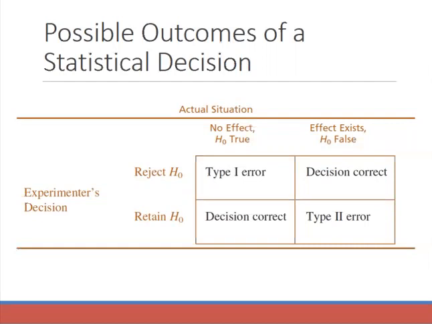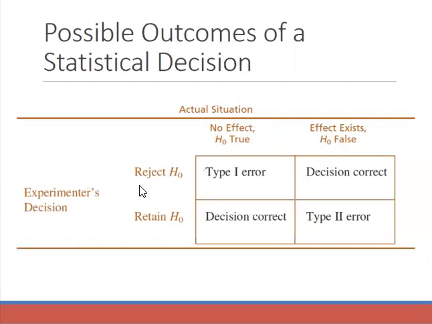We don't know what's true. We're making our best guess. But maybe if there's a recording angel out there that actually knows the true values for the population, they would be able to identify whether, in fact, the null hypothesis is true and you have no effect, or whether there actually is an effect, and in reality the null hypothesis is false. But of course, we don't know all the information, so we're stuck making our best guesses, essentially.